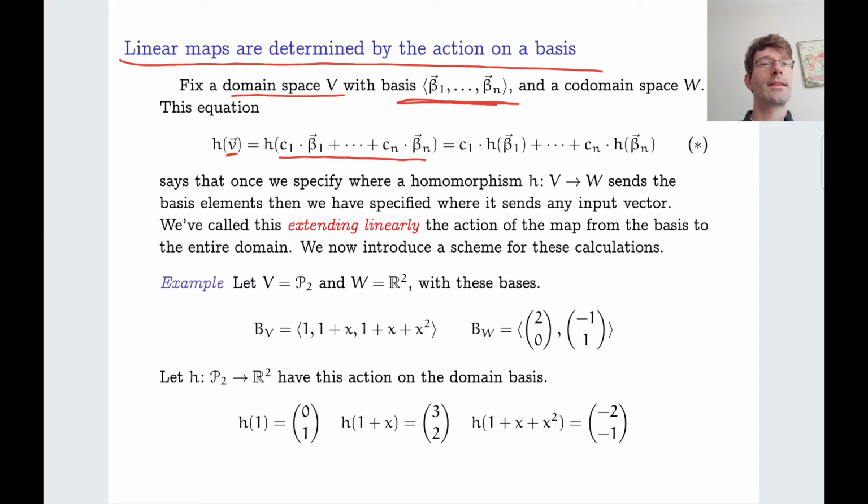Then, because linear maps preserve linear combinations, we have this equality here, which gives us a linear combination of the h of beta i. So if we know these h of beta i, we know the whole map. And this is what we called extending a map linearly from a basis to the whole vector space.